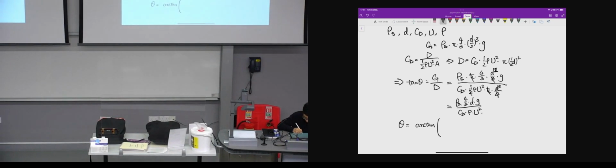Don't forget the problem asks us to calculate theta, so theta is the arctangent of 4 times rho d g over 3 times Cd rho v squared.